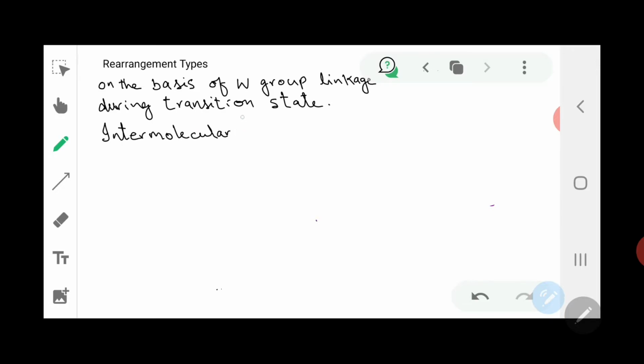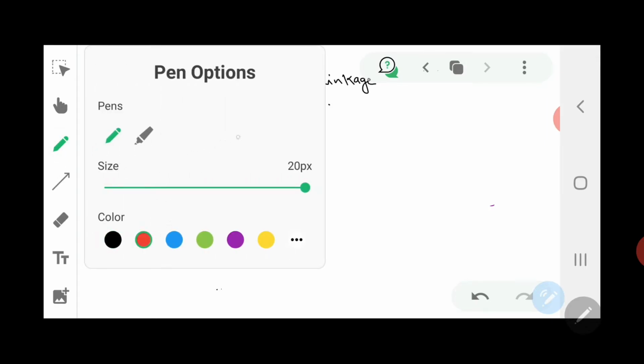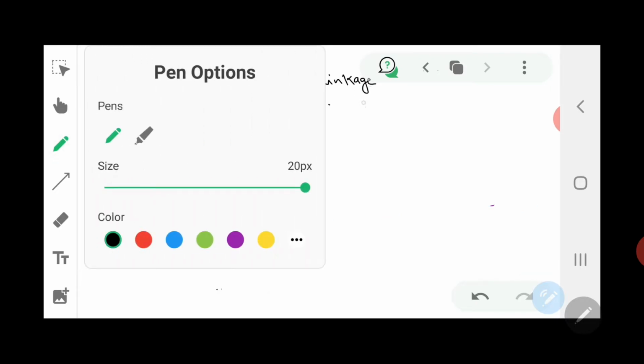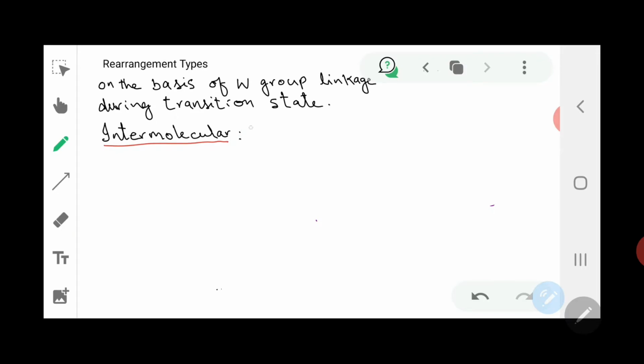So the first one is intermolecular rearrangement. In this case, the migrating group completely detaches from the migration origin.